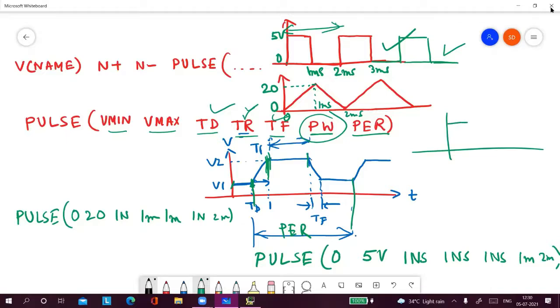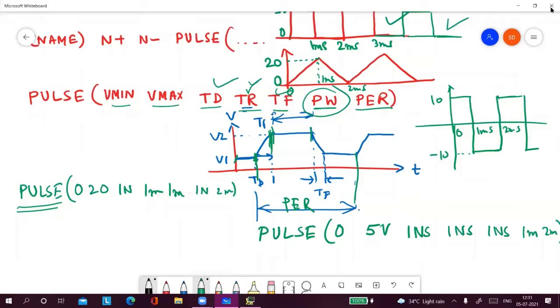Now if I ask you to generate this type of waveform, say this is 10, this one is minus 10, this is 0, 1 millisecond, 2 milliseconds, and so on. So if you want to generate a periodic waveform, you use the command pulse. Let us check.